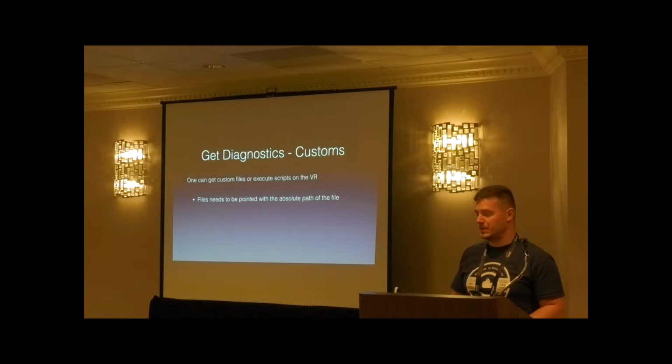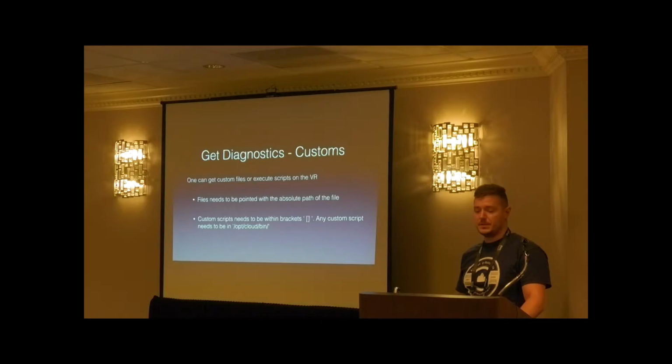I'll show that a bit later in a demo. You can also run some custom scripts that you've prepared for your virtual router. You just need to specify them in brackets, and you need to place them in that specific directory.